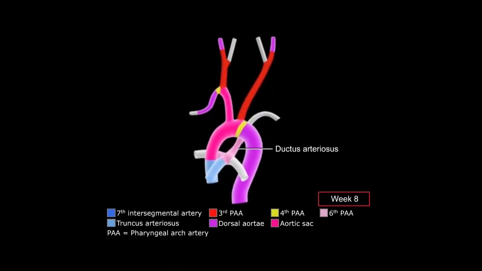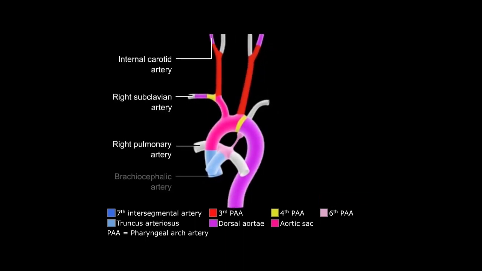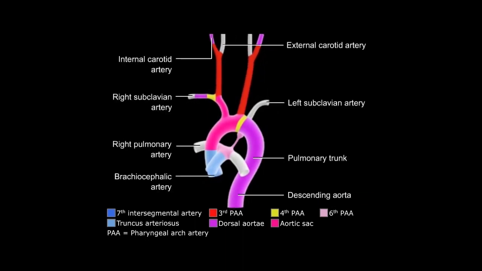The arteries of the 3rd, 4th, and 6th arches alter their position and contribute to several important structures. The 3rd arch arteries form the common carotid arteries and contribute to the internal carotid arteries. The left 4th arch artery forms a portion of the aortic arch while the right contributes to the right subclavian artery.